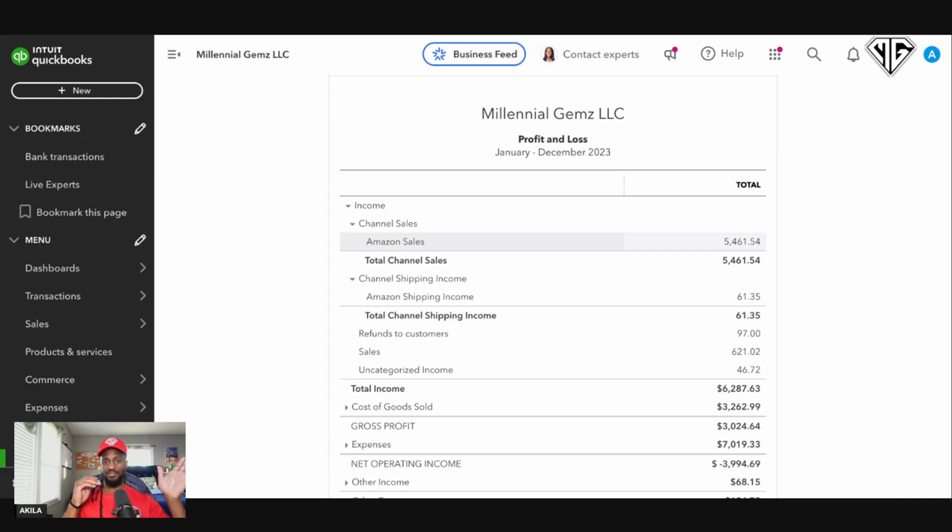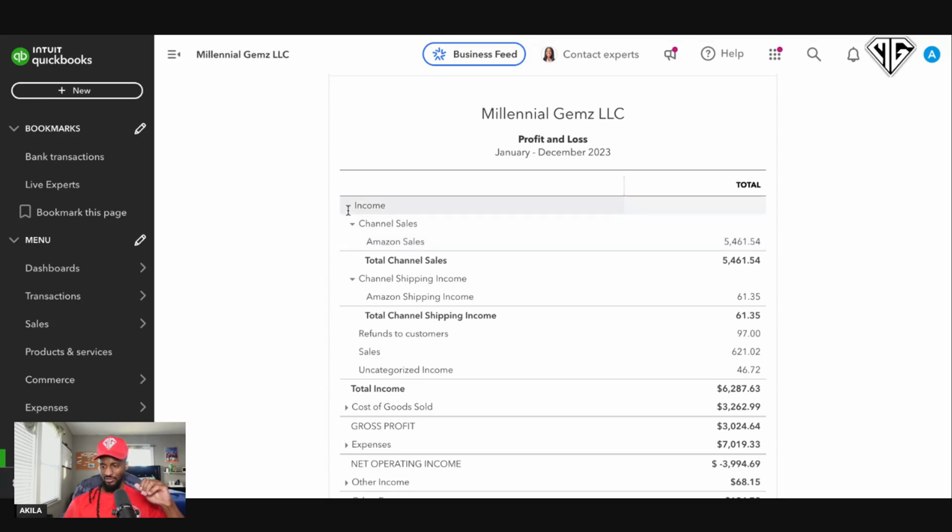I did not send anything to Amazon's warehouse, but I was reselling products from the store and selling them on Amazon. So that's the first portion of your profit and loss, your revenue. This is just total sales across the board.